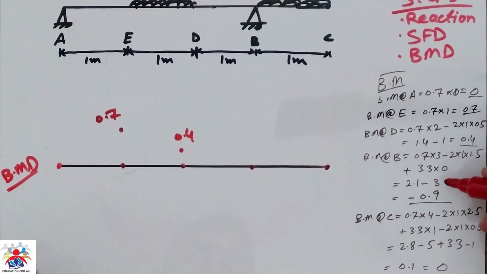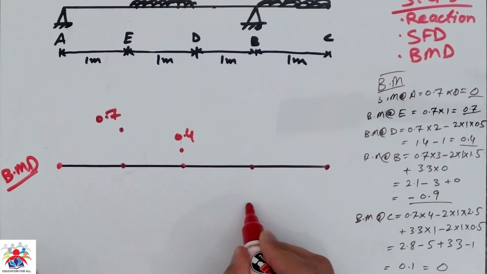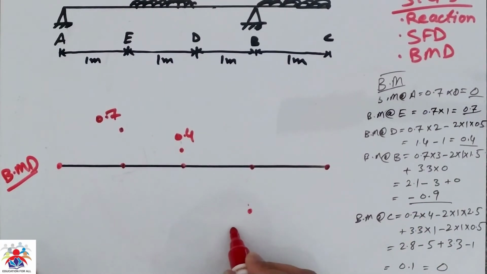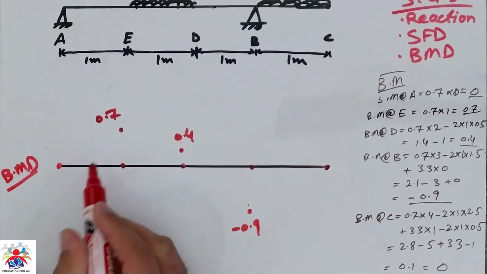Then at point B we have minus 0.9, which is somewhere here, I would say. At point C we have 0.